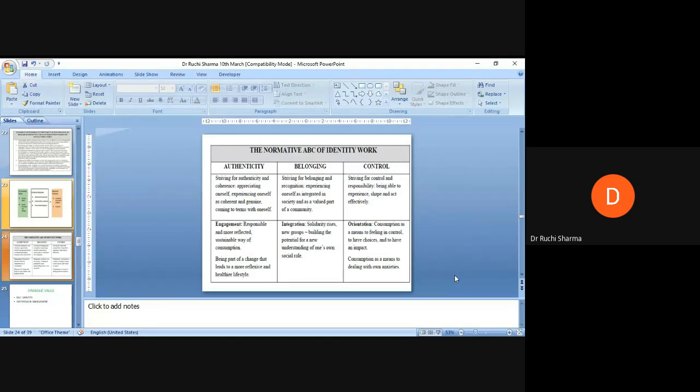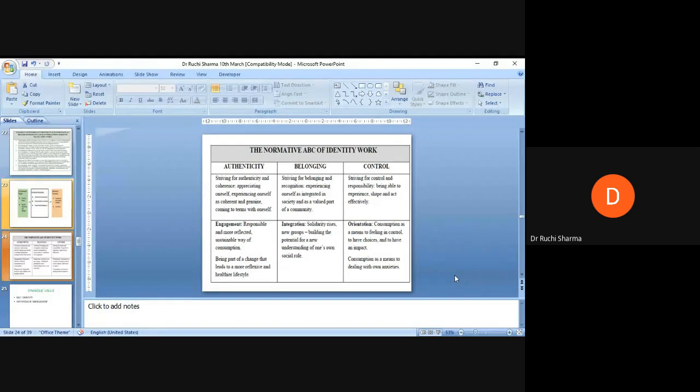There is the ABC normative identity work, and this model was given after doing research, and it is a very famous model also, where A stands for authenticity, B stands for belonging, and C stands for control.